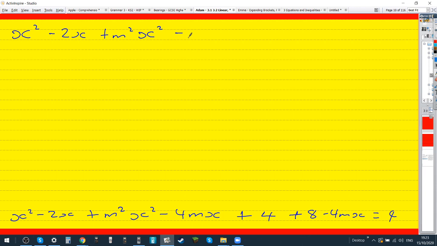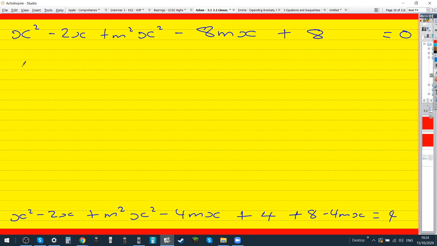What you can do is you can factorize x squared from them. What I'd probably do is make it equal to 0 first. So it'd be x squared minus 2x plus m squared x squared minus 8mx plus 8 equals 0.